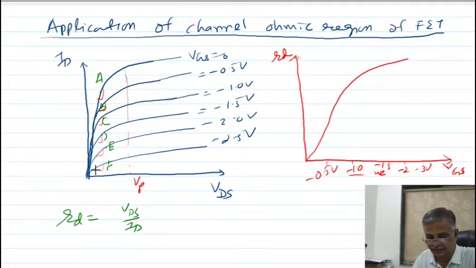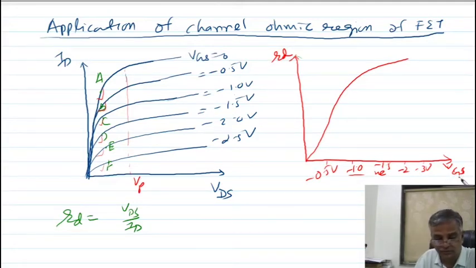The slope at every point is different for different voltage. As a result, the resistance offered by the FET will be different. So the resistance of the FET depends upon voltage.